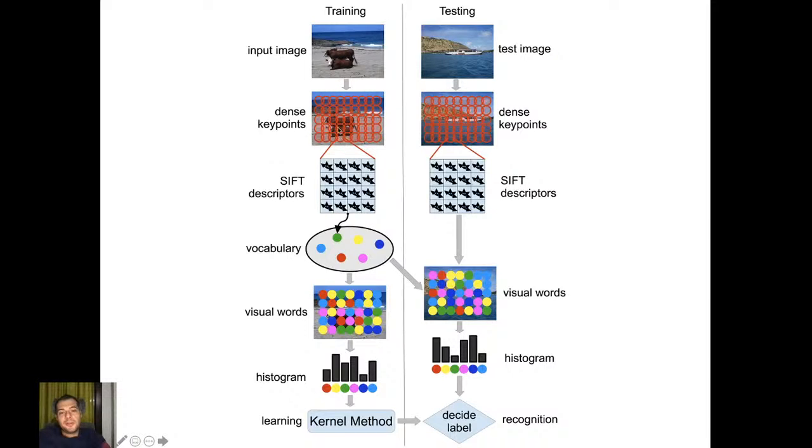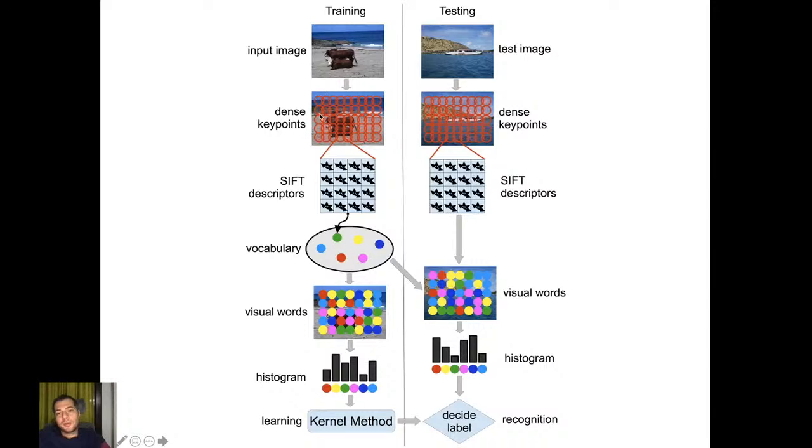Okay, so this explains the pipeline for the bag of visual words. You take the training images, you apply dense key points or sparse key points, you extract some descriptors like HOG and SIFT, then you cluster them, and you obtain this vocabulary of visual words. These are cluster centroids.